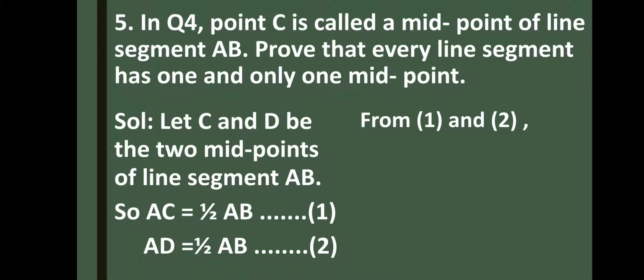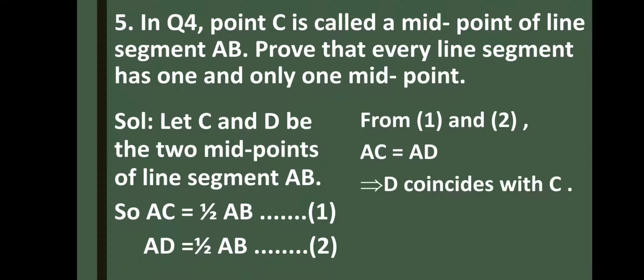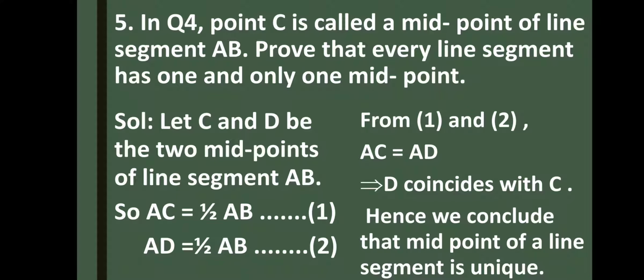So from equation 1 and equation 2, the two sides, that is AC and AD, are equal. This implies D coincides with point C. Hence we conclude that the midpoint of a line segment is unique.